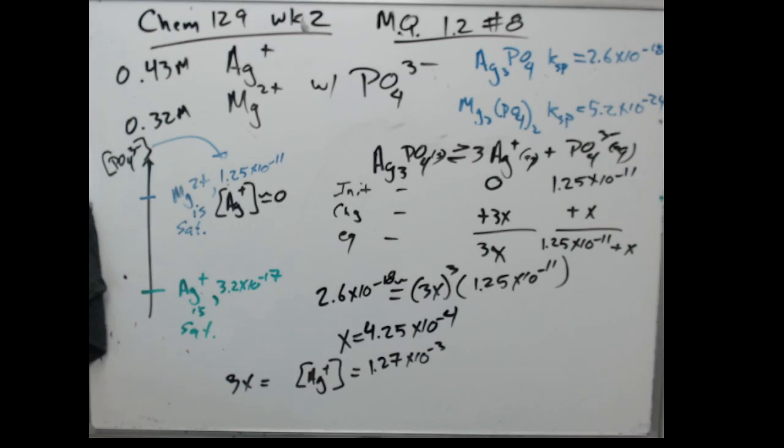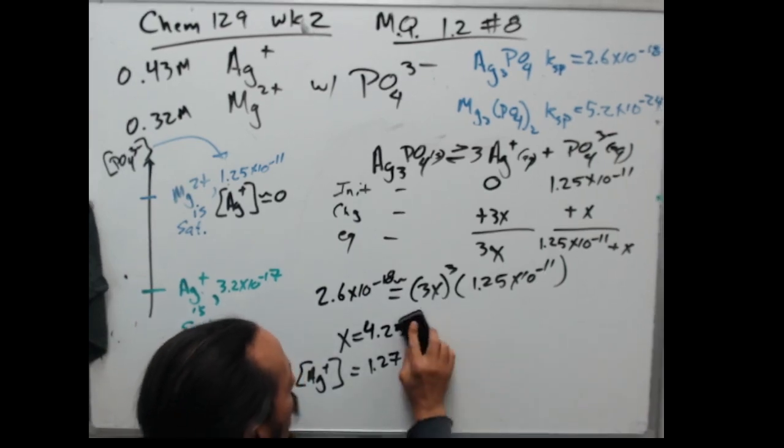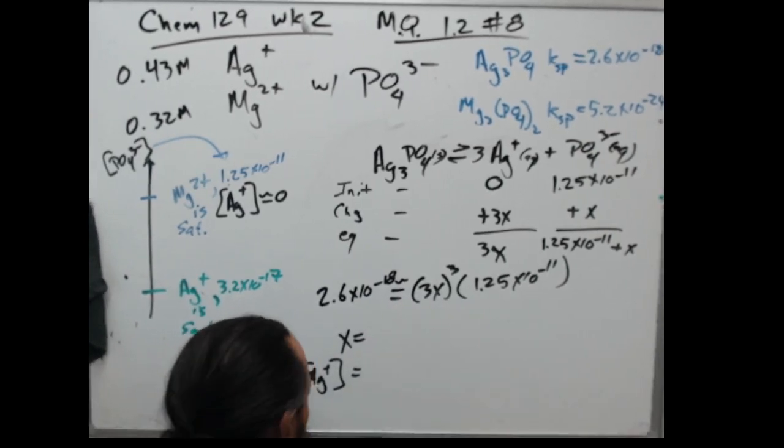Let me try this again. Wait, what value did you get? I got 1.97 times 10 to the negative 3. I'm getting that now. I think I messed up my order of operations someplace.